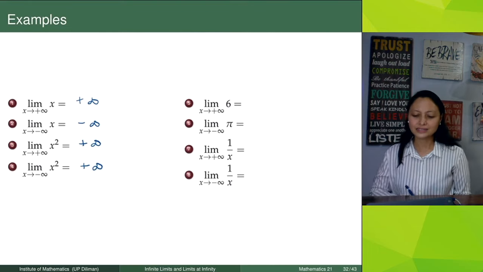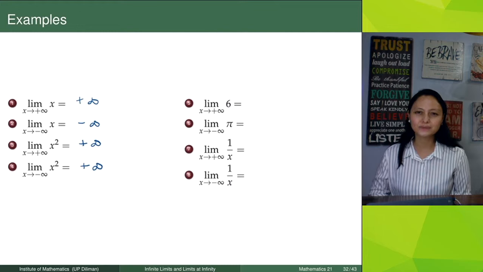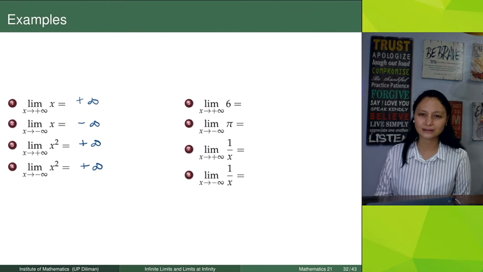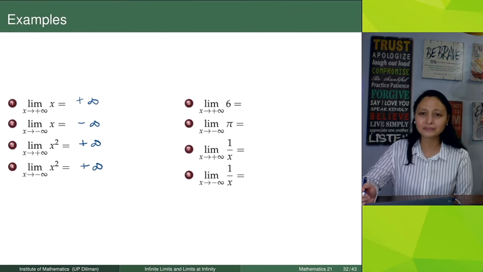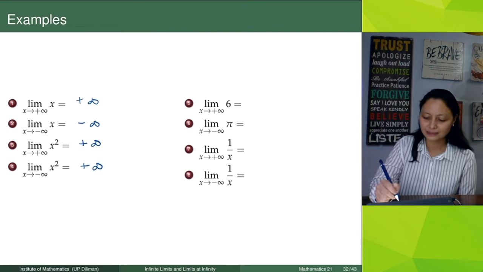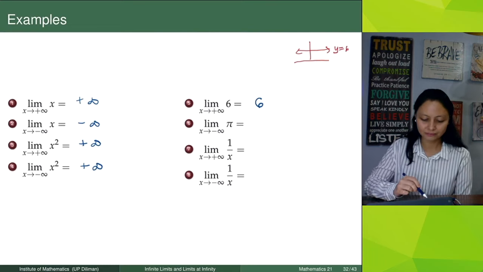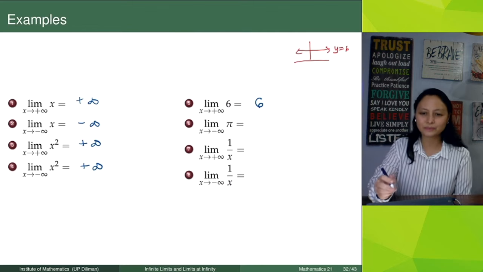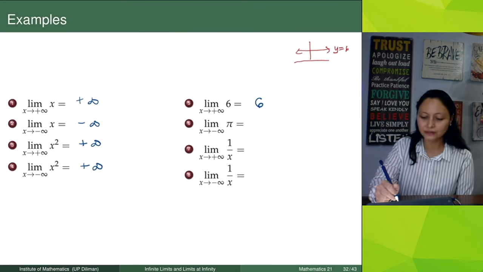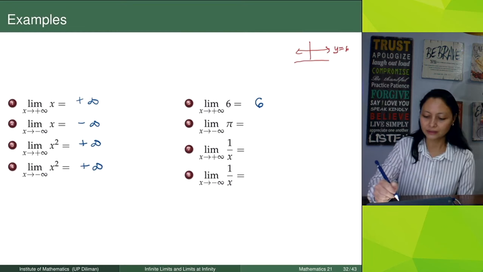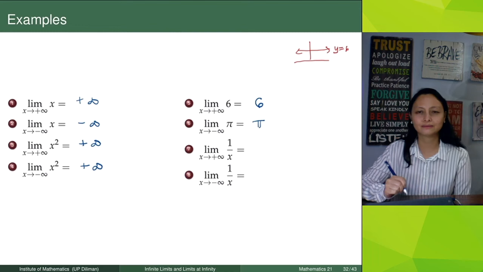Okay? Next, the limit of 6 as x approaches positive infinity, ano kaya? Di ba, ang limit ng constant ay equal din sa constant. Ganun din, if you want to get the limit of pi as x approaches negative infinity, constant function din to. Okay, so this should be equal to pi.